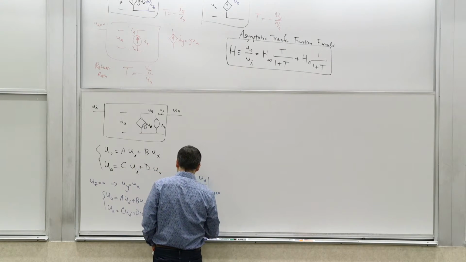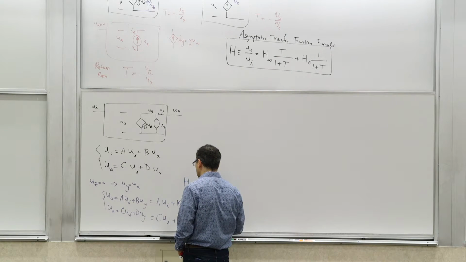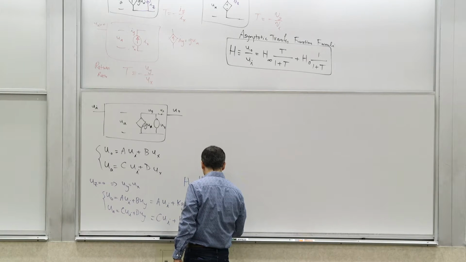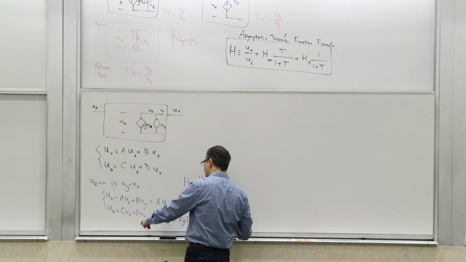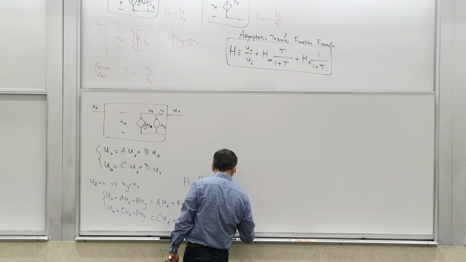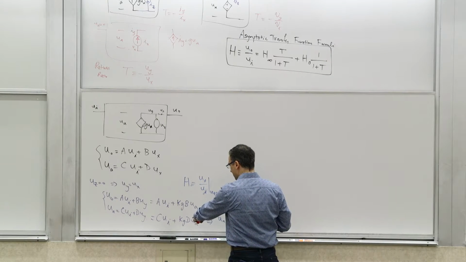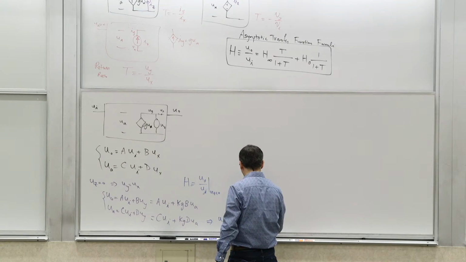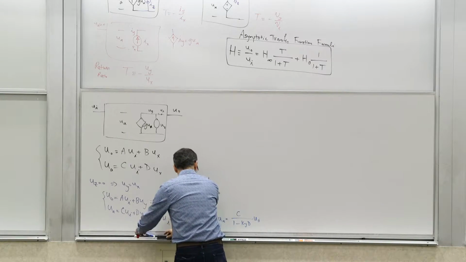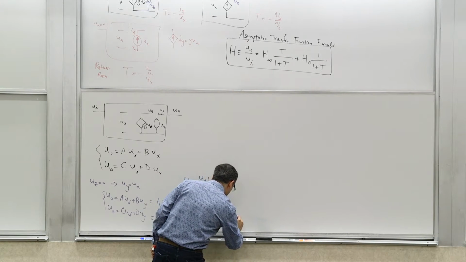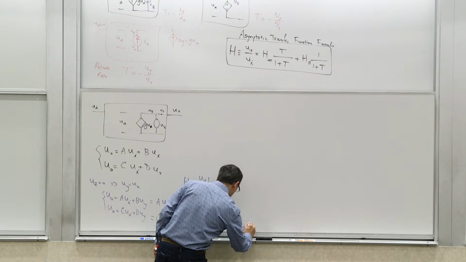So if I solve for UA from one of them, what do we get? You move this one to the other side, so UA is C divided by 1 minus KGD, times UI. From this one, UA is C over 1 minus KGD UI.